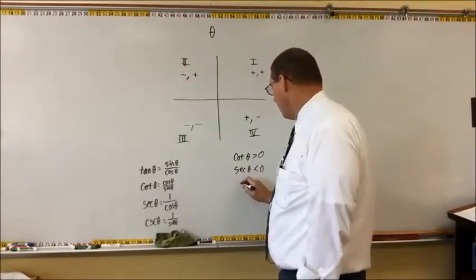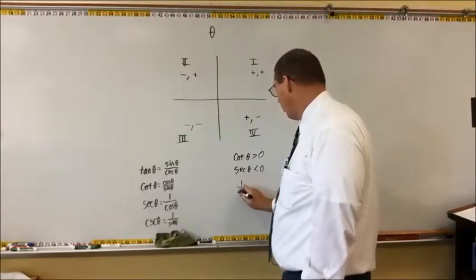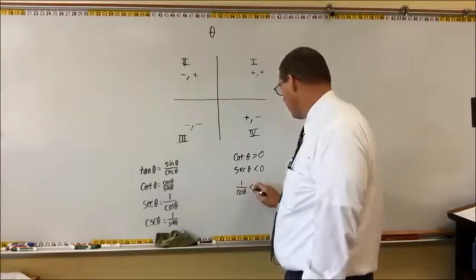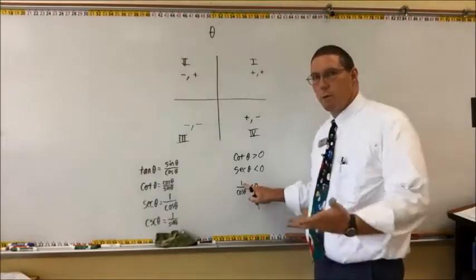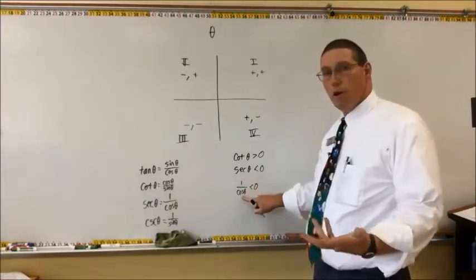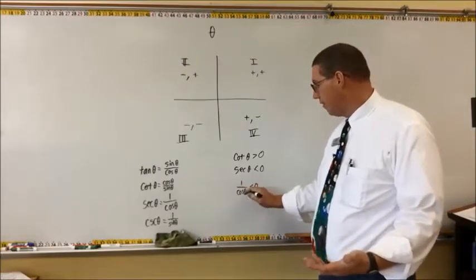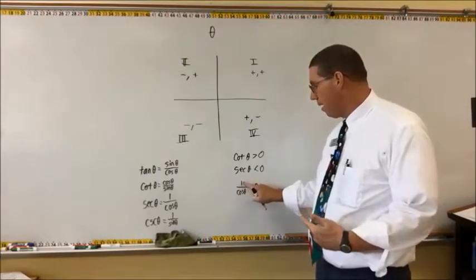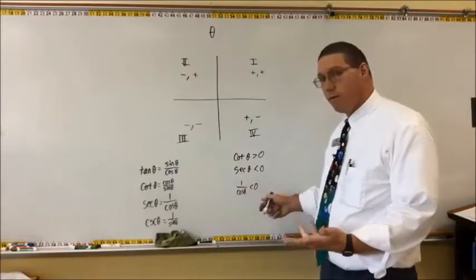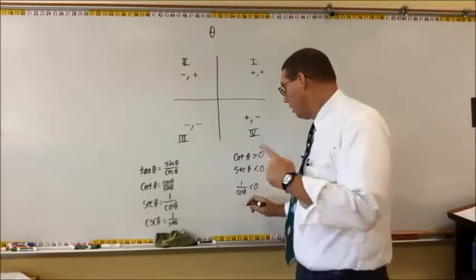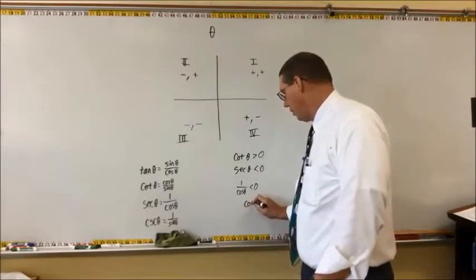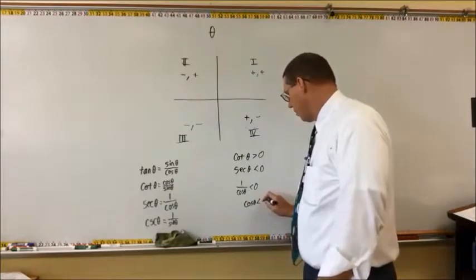Secant is the same thing as 1 over cosine of theta, and we're saying that this is less than 0. Well, the 1 in the numerator is always positive, so cosine must be negative, because a positive divided by a negative is a negative. And therefore, we know that cosine is less than 0.